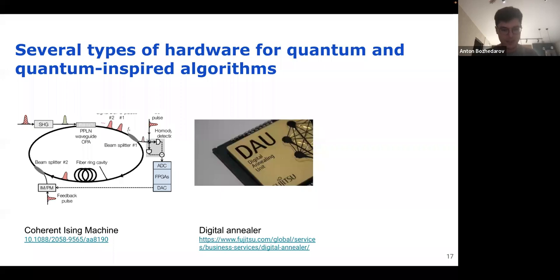But what is really important to know about this device is that it's not a purely quantum device. It's mostly a classical device, because all computation happens not in the fiber optics, but in the electronic devices. There are a lot of FPGA devices, special hardware designed to solve exactly one kind of matrix-vector multiplication that corresponds to the Ising model.